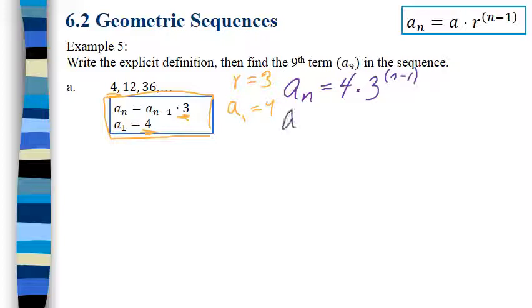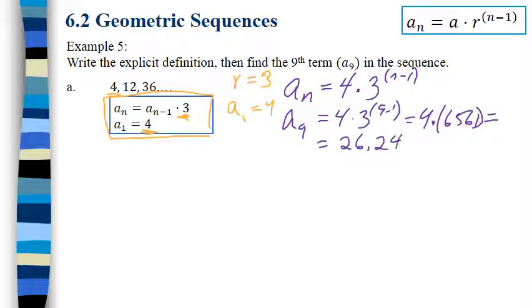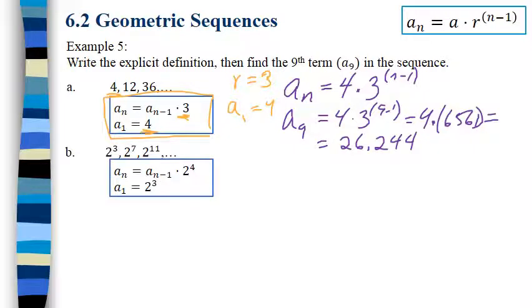And so we can find the ninth term: a sub 9 equals 4 times 3 to the 9 minus 1, which is of course 8. So 4 times 3 to the 8th power. 3 to the 8th is 6,561, times 4 is 26,244. So a sub 9 equals 26,244.